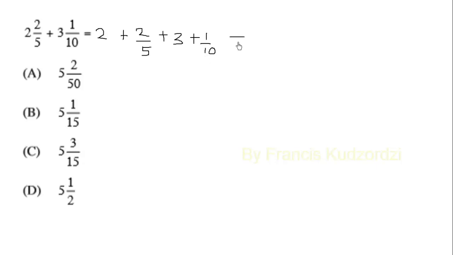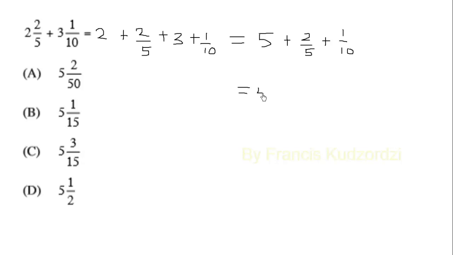So now we can add the integer parts easily. 2 plus 3 will be 5. Then we are left with 2 over 5 plus 1 over 10. Now the LCM of 10 and 5 is 10.